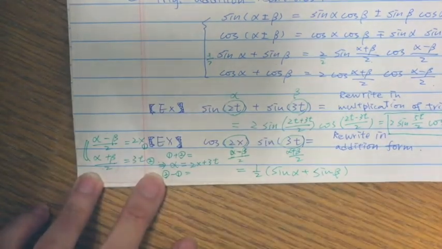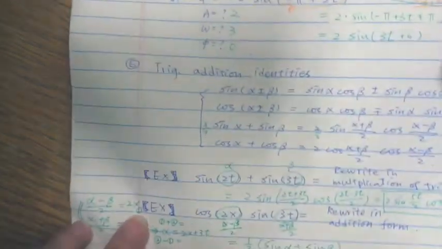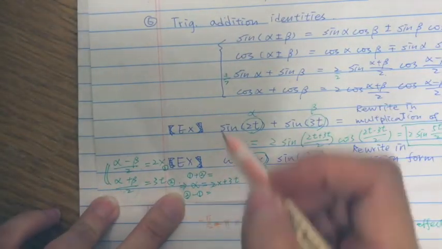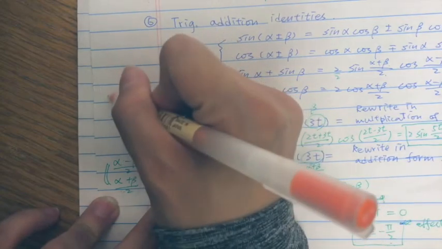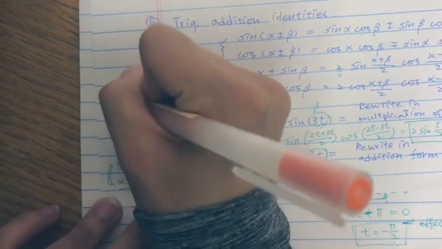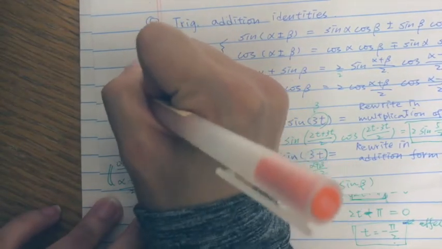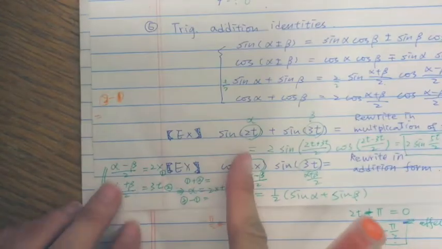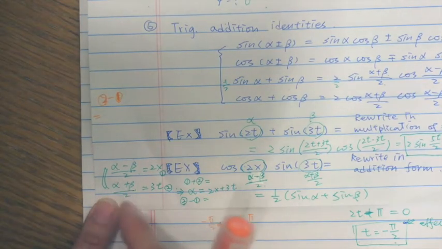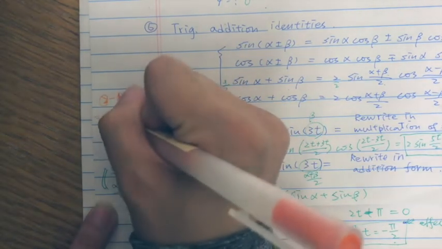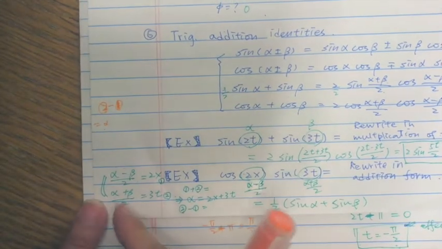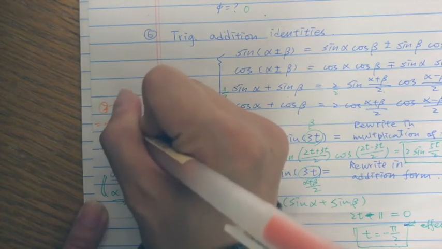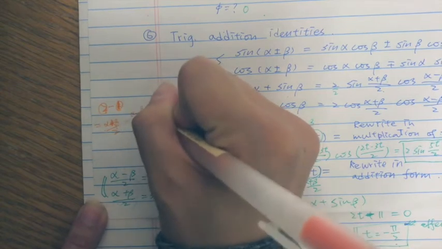For those who are a bit rusty in systems of equations, I'm going to write out more details here. If I do equation 2 minus equation 1, on the left hand side I have alpha plus beta over 2 minus alpha minus beta over 2.